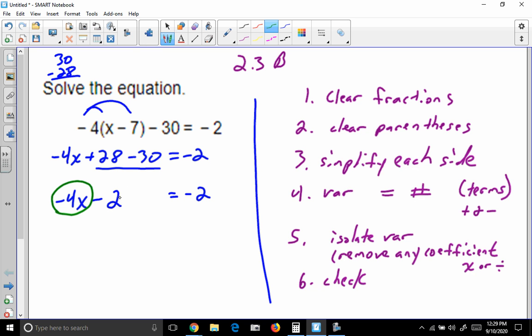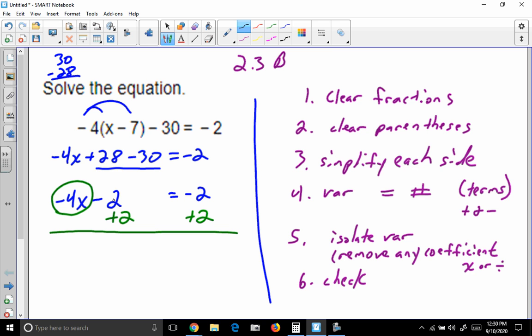So how do we get rid of a minus 2? Well, we're either going to add or subtract. The opposite of subtracting 2 is to add 2. And when we're moving things off of one side to the other side, we have to do that on both sides. We're adding 2 here, so we do the same thing over here.